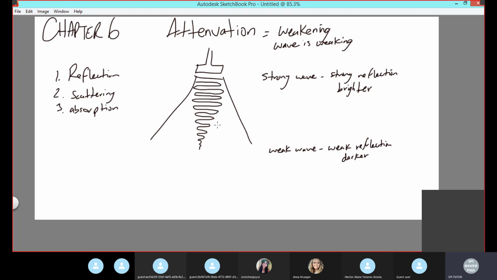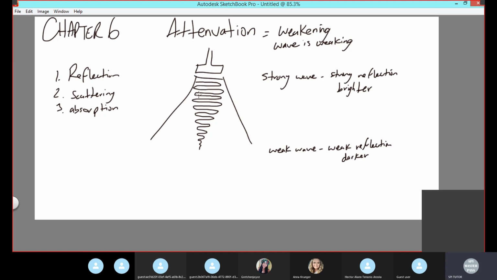Okay, because it ran through all those tissues, and every single tissue that it ran through, it experienced these three things. So imagine how many tissues are in between the near field and the far field. And every little tissue in there got a little piece of it through absorption, scattering, and reflection. Okay, so no wonder the wave experiences attenuation, because every little tissue's taking a little piece of it.